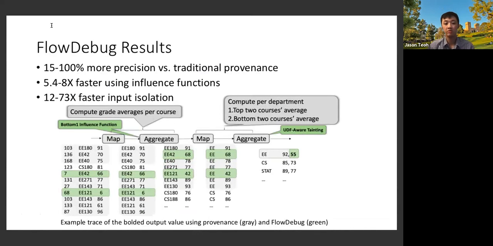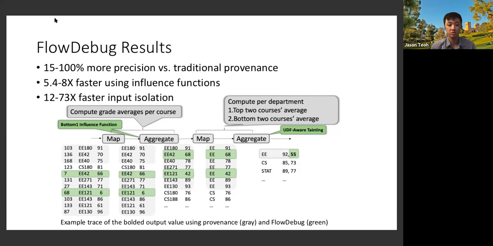So, a quick recap of the results that we determined from Flow-Debug. First off, we have this diagram, which is an example of one of our benchmark executions. Without going too much into the detail of how the diagram is constructed, since that is discussed in the recorded video, we have effectively combined an influence function, the bottom one on the left-hand side, with UDF-aware tainting.